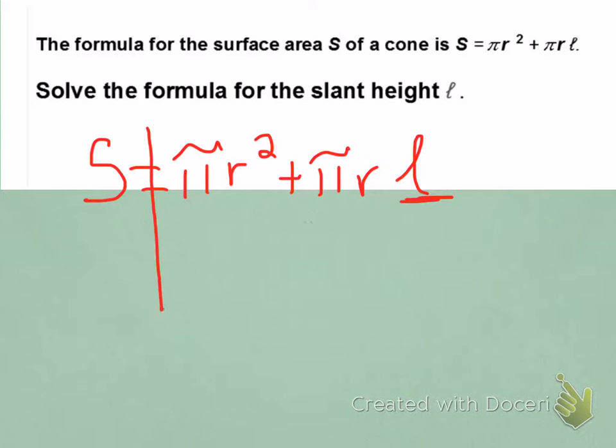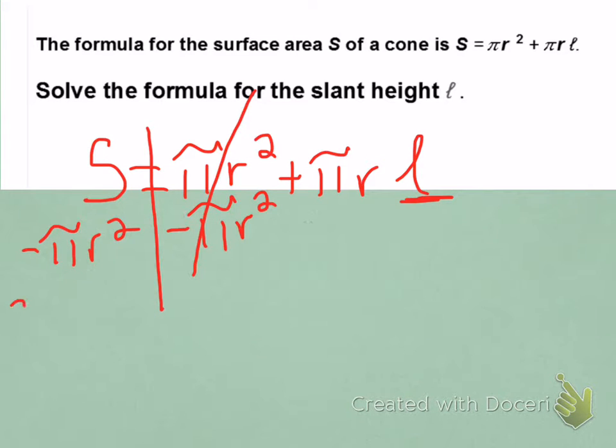So once again, I'm going to split at the equal sign. I want to bring over all of the pi r squared. So the opposite of positive pi r squared is minus pi r squared. This one just looks a little strange, but we're going to be doing it the same way. So that cancels out on the right side.